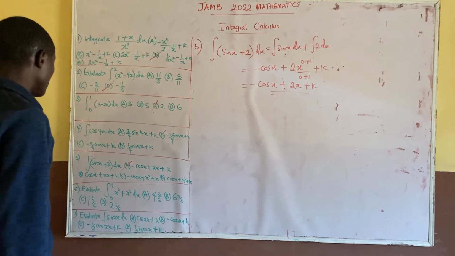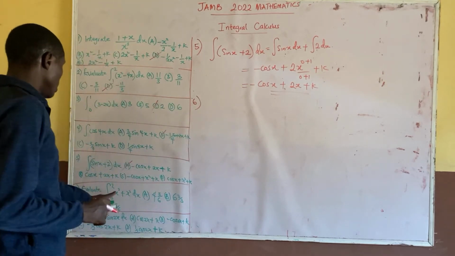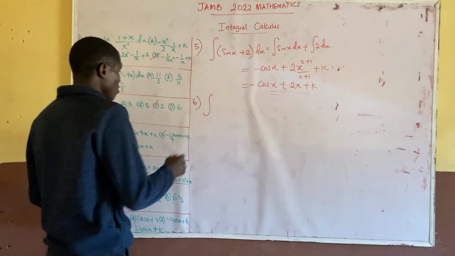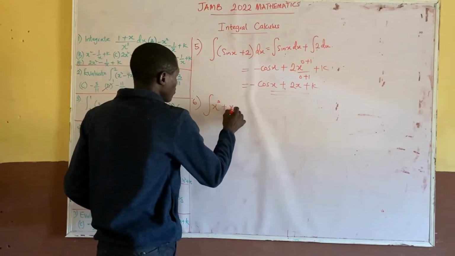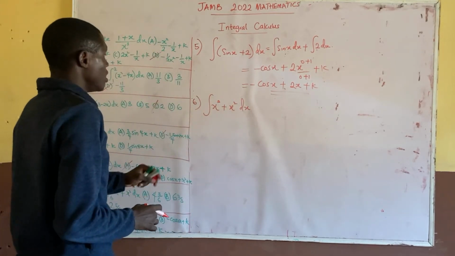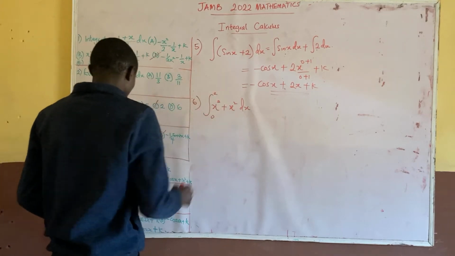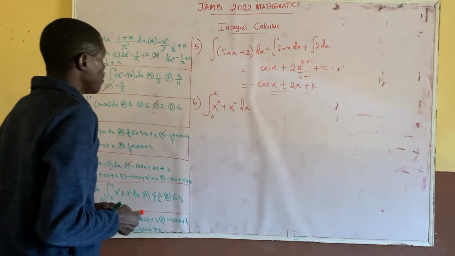Now the next one is number 6. Evaluate the integral of x raised to power 3 plus x raised to power 2 dx, with boundary 2 and 0. How do you go about that?